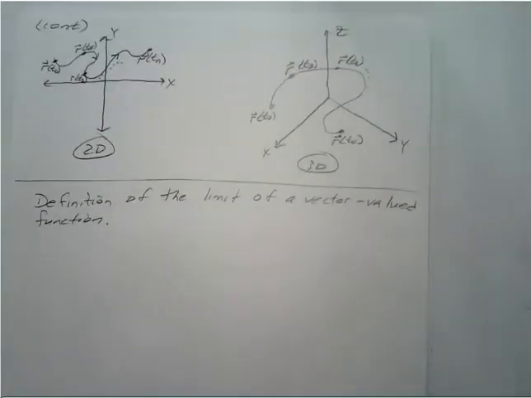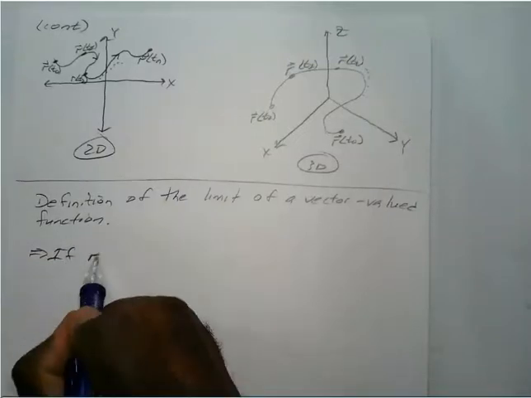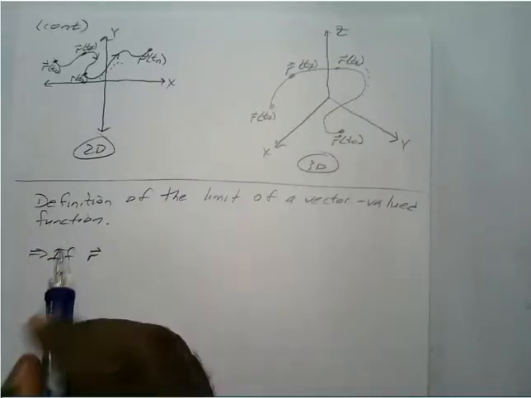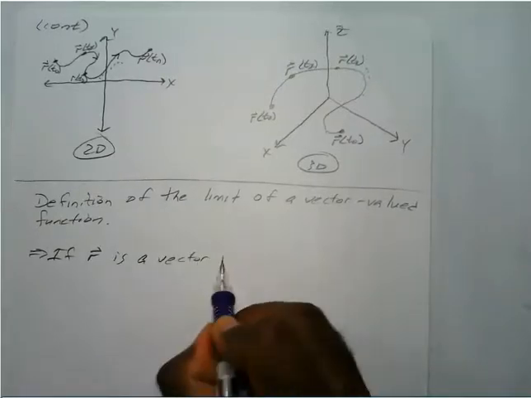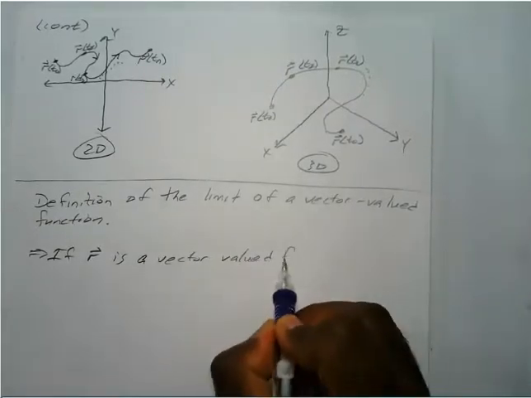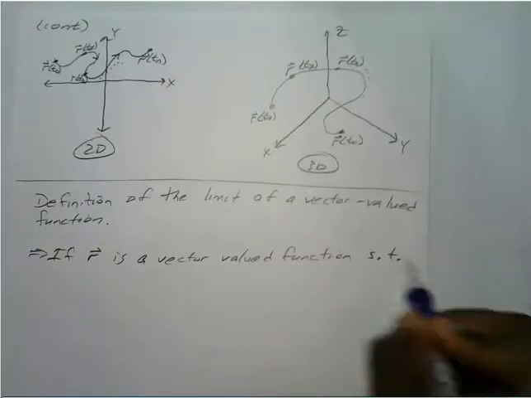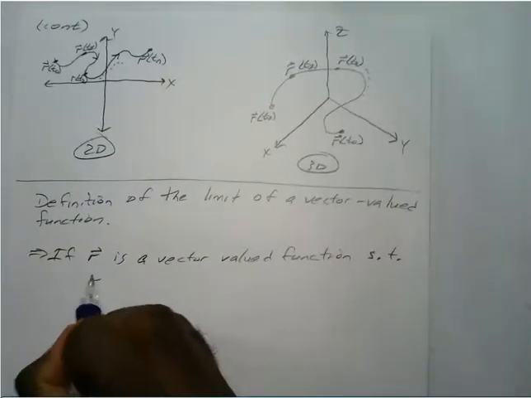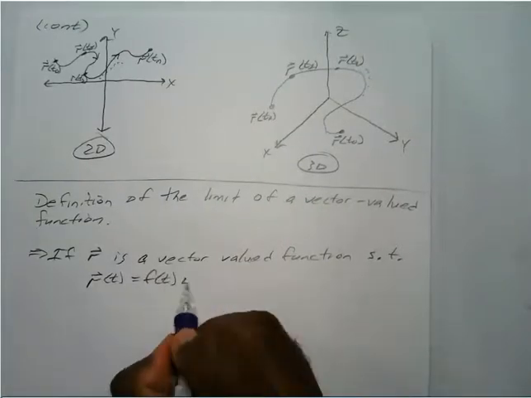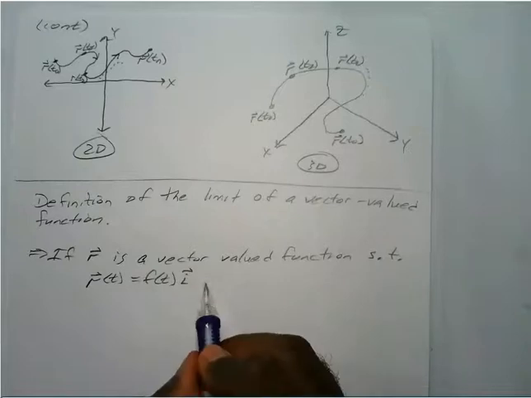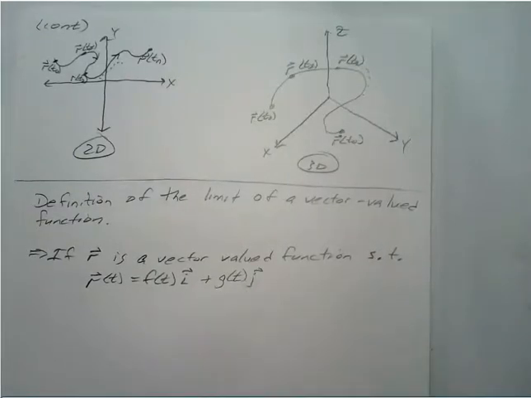So let's say our vector is a vector valued function such that r of t equals f of t times the i vector plus g of t times the j vector.